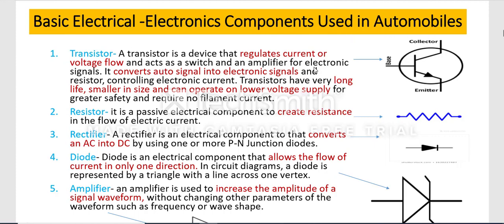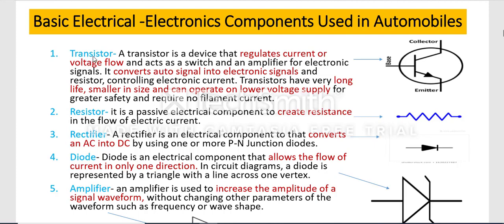This point is very important for you because a question may be there in your examination. You need to define these components, or draw the symbols for these components. So first is transistor.